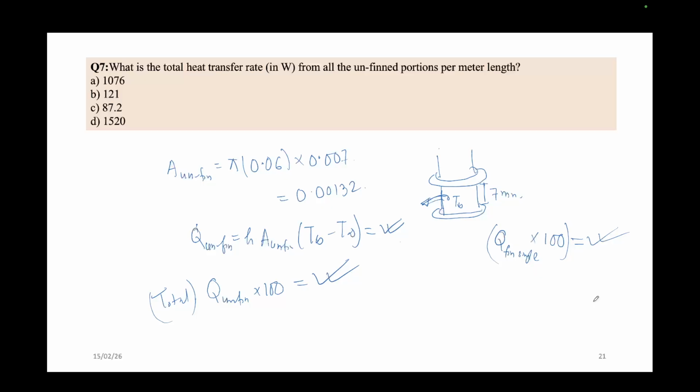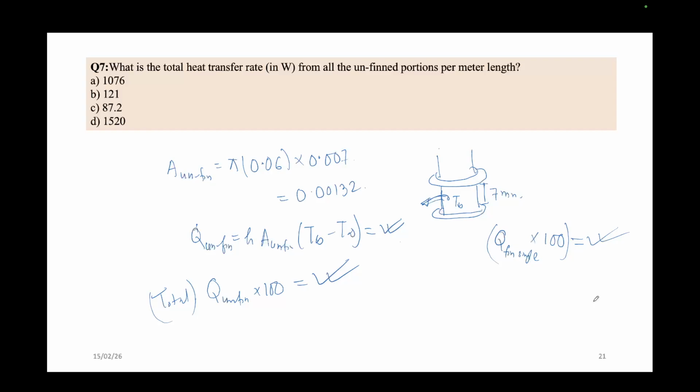Yes, but they have already given it as indicated, so that's why we need not think like that. So you can find from a single fin, you can find from an unfin portion, the total unfin portion you can find out, or they can also ask you the total heat transfer rate.